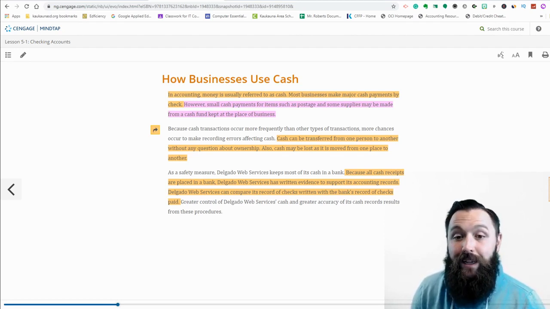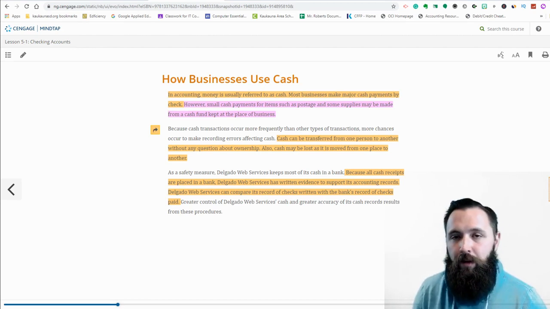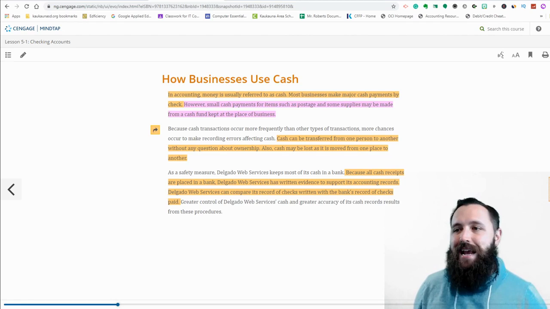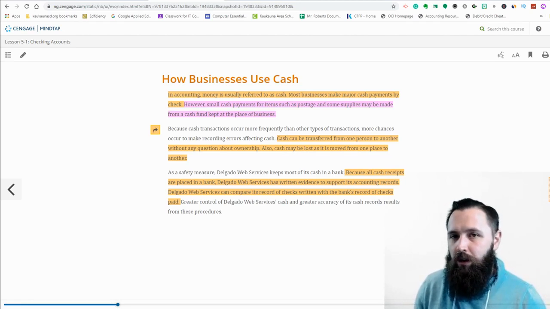It says, in accounting, money is usually referred to as cash. Most businesses make major cash payments by check. That's a really big first line. Whenever we say paid cash for supplies, what that really means is we're going to our check register and writing out a check for supplies. Very rarely are you going to be using actual cold hard cash.